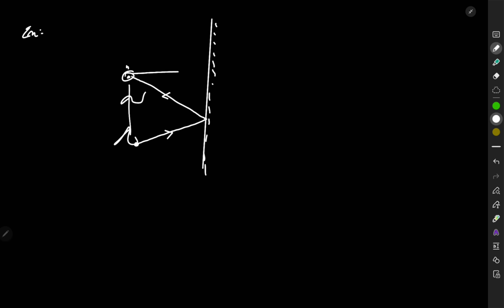From the eyes there will be a straight line passing, fine. Let's take this, fine. And another ray will pass like this, right? Let's draw his head a bit bigger, okay.